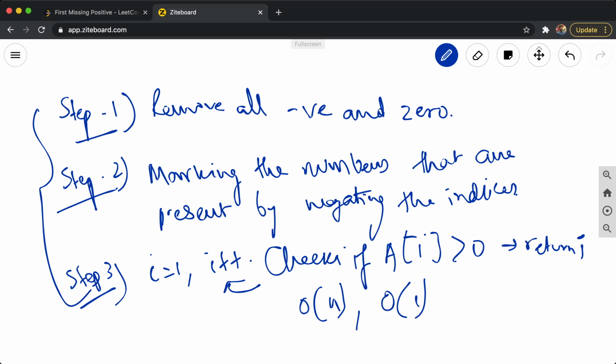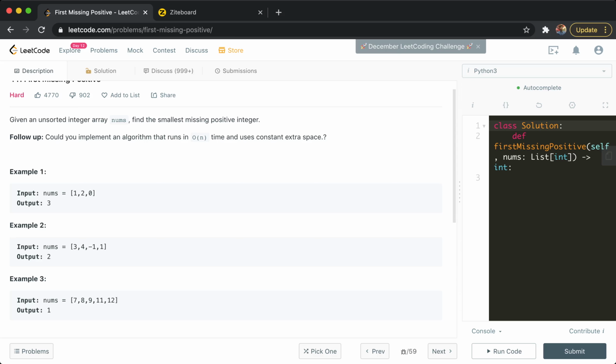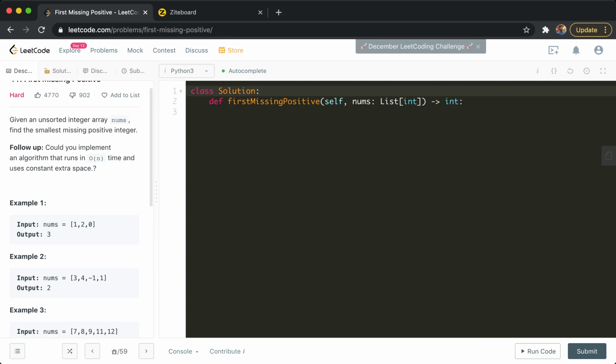Now we'll jump into the code, and the first step would be to remove the negative numbers from this. So we'll use a positive array and we'll iterate the given array. Then if I is greater than 0, we'll just add it to our array.